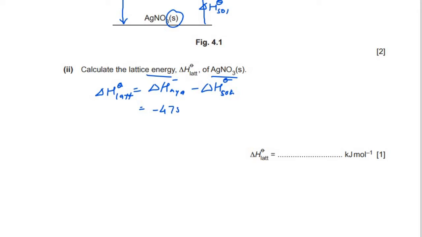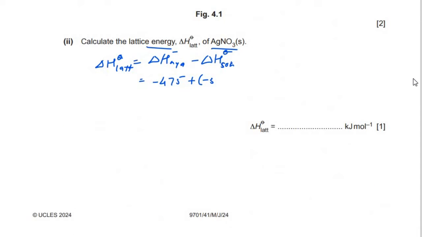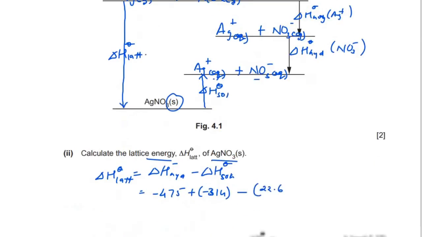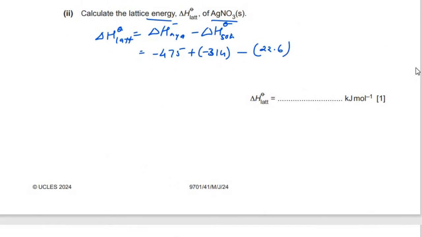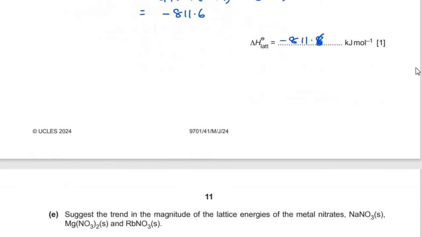So minus 475 plus minus 314, minus of plus 22.6. Yes, it's 22.6. If we use all these values, we get minus 811.6 kilojoules per mole.